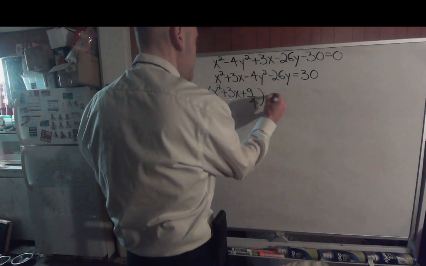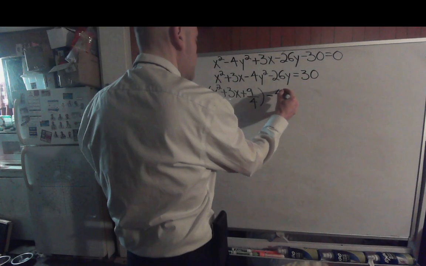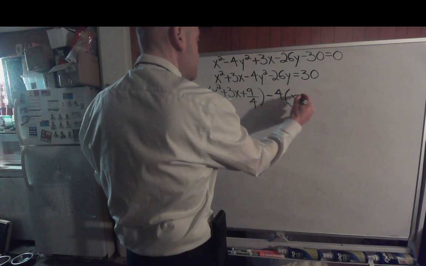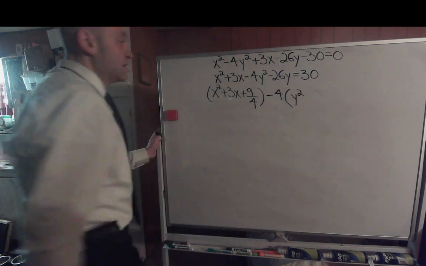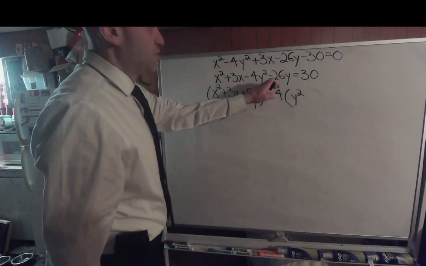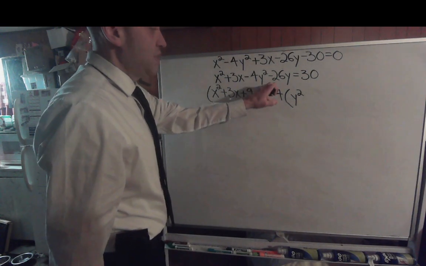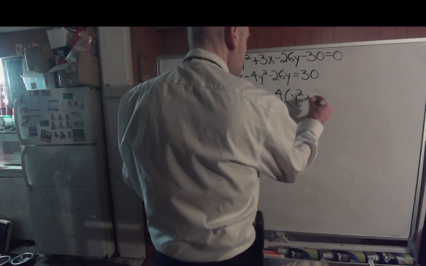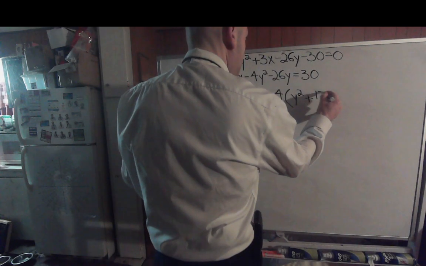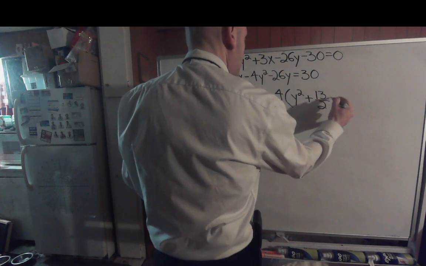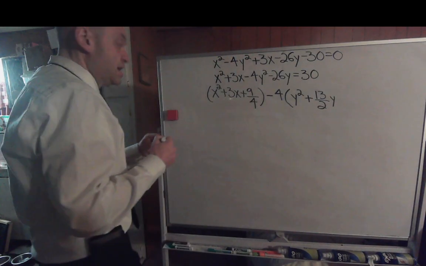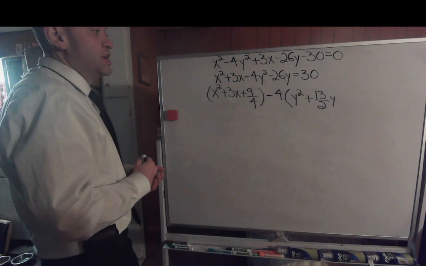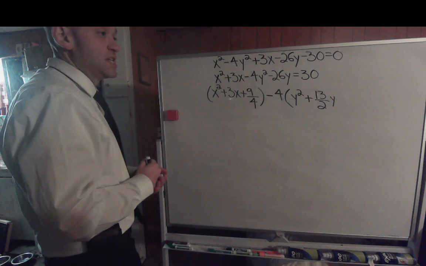So that'll be minus 4 times, you got your y squared. So of course this would become positive 26 over 4, which reduces to 13 over 2 y. If you take half of 13 over 2, you're going to end up getting 13/4.